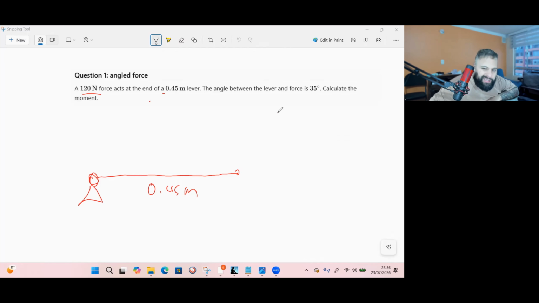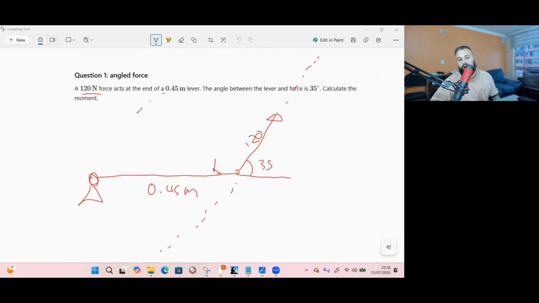It could act downwards or upwards, but I'm going to make it act upwards. Then we extend the line of action of the force, and we're told that the angle between the lever and the force is 35 degrees. Now calculate the moment.